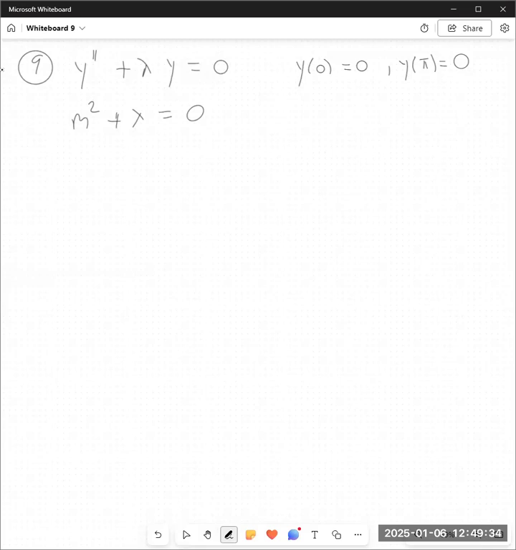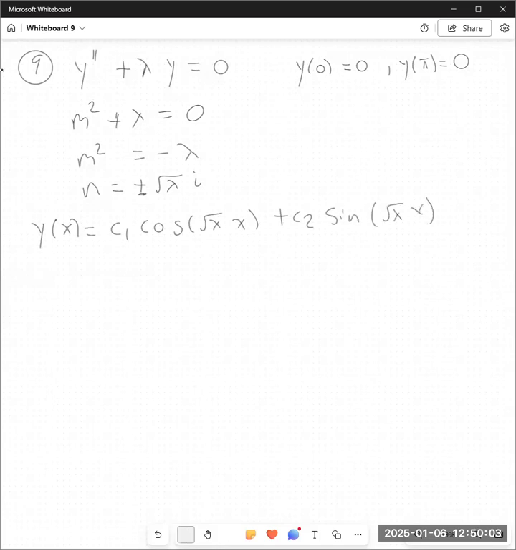So we want lambda to be a positive number here so that we get something that looks like this. And m is equal to plus or minus root lambda i, giving us an equation in the form of y of x is equal to c1 cosine of root lambda x plus c2 sine of root lambda x.